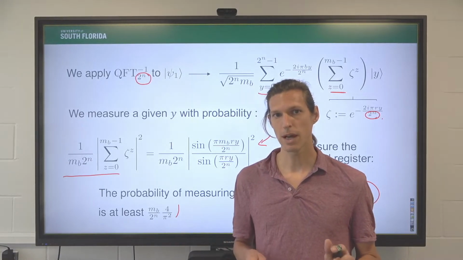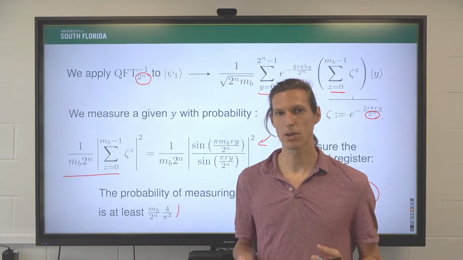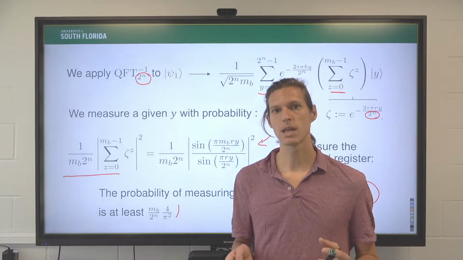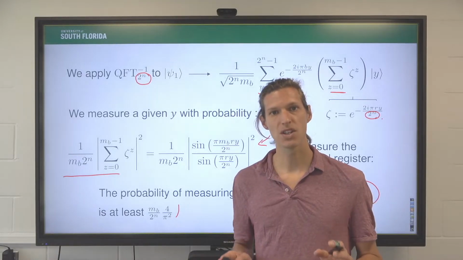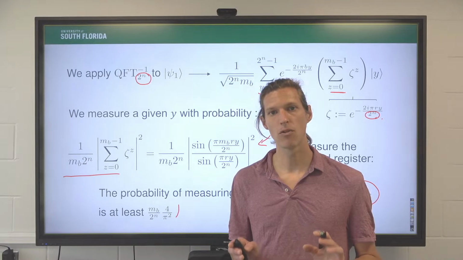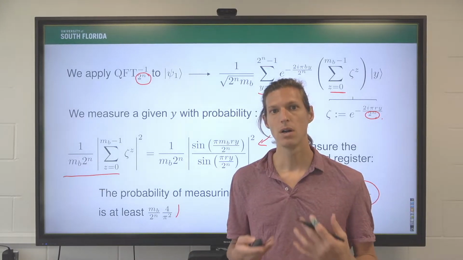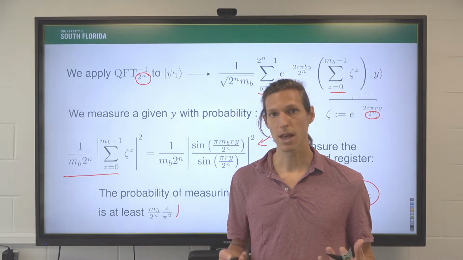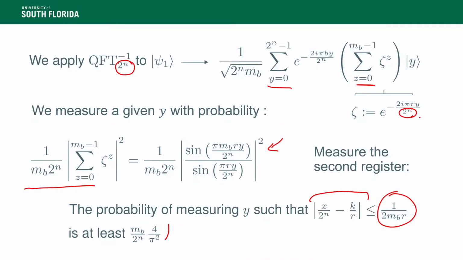So that we haven't done yet, but otherwise we've been able to at least lower bound the probability of measuring a y such that y over 2 to the n is close enough to a multiple of 1 over r, which, remember, is our goal here because we want to recover those multiples of k over r to recover r.